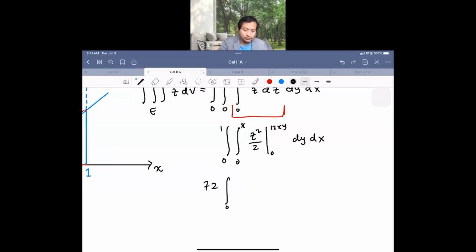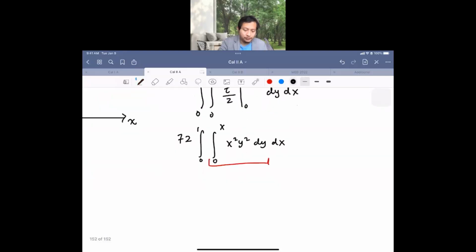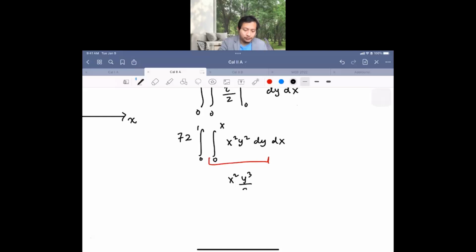Then 0 to 1, 0 to x, this will be x squared y squared dy dx. Now, as usual, we could integrate the inside integral dy, so you should write x squared y cubed over 3, from 0 to x, and then still we have this dx.